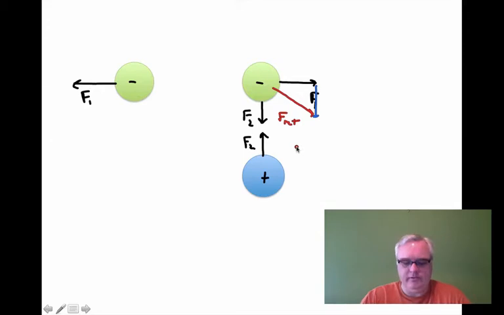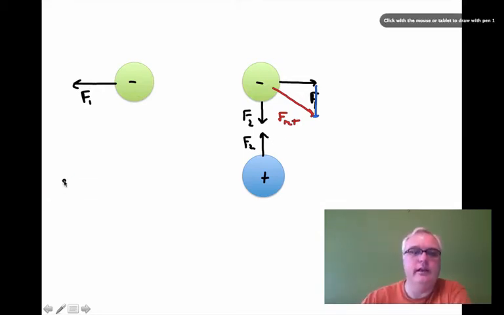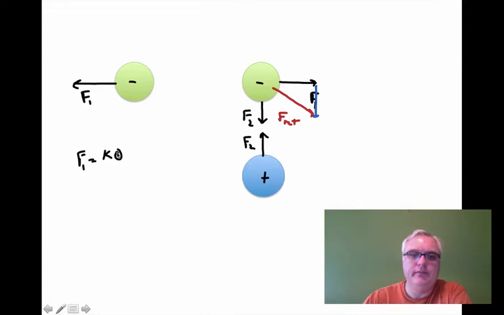So that's why it's important that you find the magnitude of each individual force using Coulomb's law and the direction using your vector diagram. Same thing for F2.